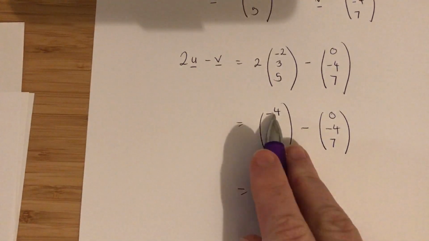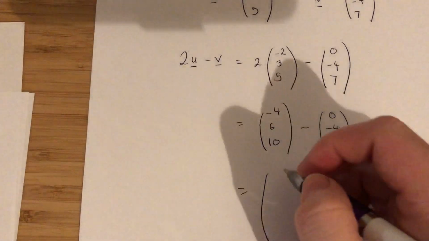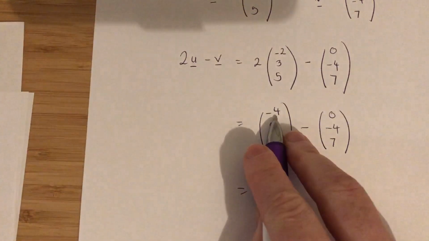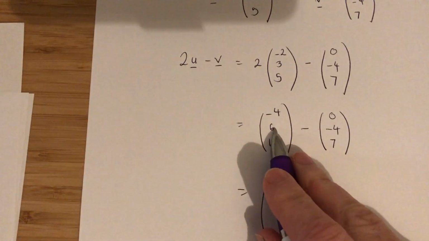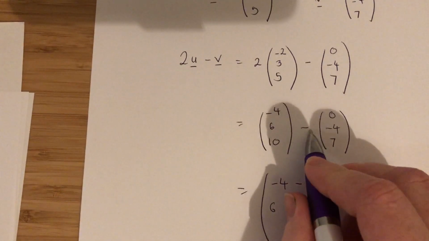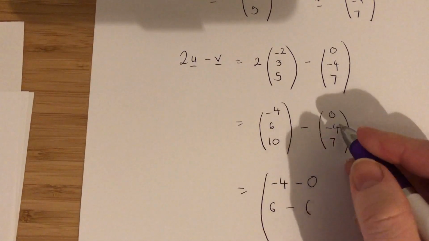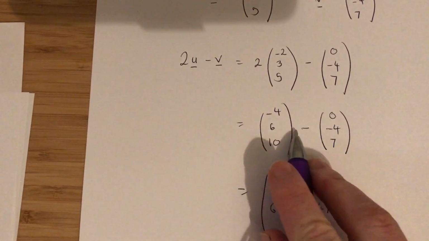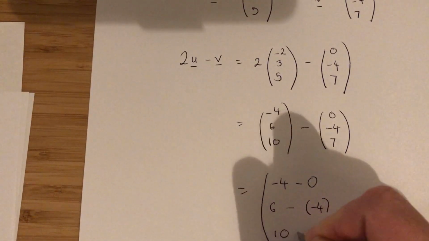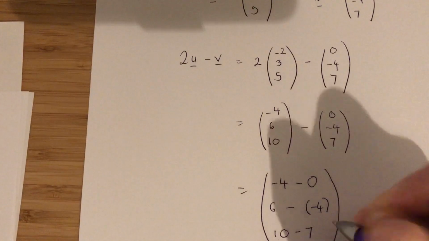So for the first component, we're going to do negative 4 minus 0. Next one, we're going to have 6 minus this negative 4 here. So I'm just writing it all out. And then 10 minus 7 on the bottom. I'm just going to close that bracket.